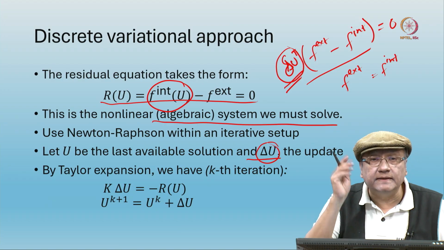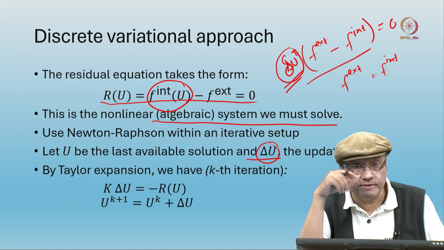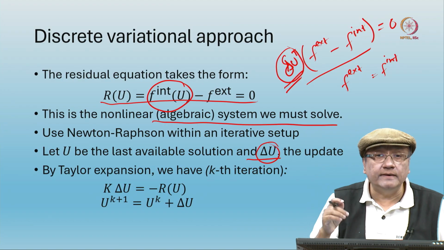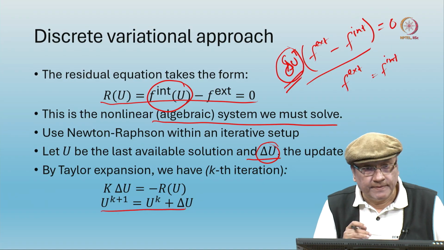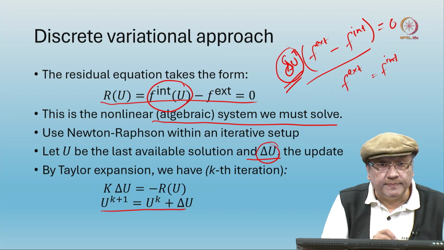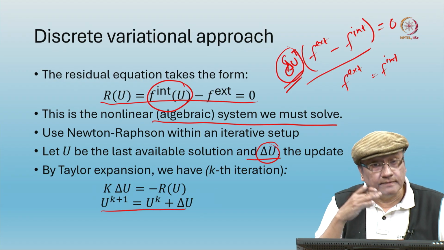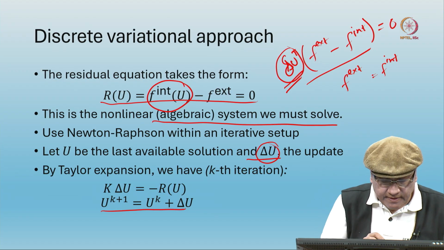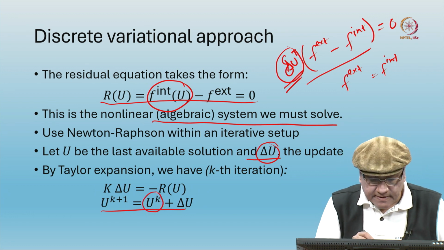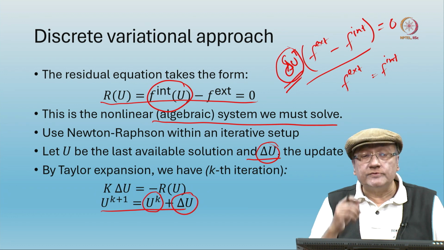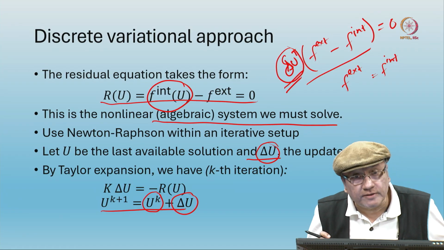Then let delta u be the update, so that the solution at the end of the kth iterate, u k plus 1, is the solution at the beginning of the kth iterate plus this delta u. What is the corresponding equation that you need to solve?